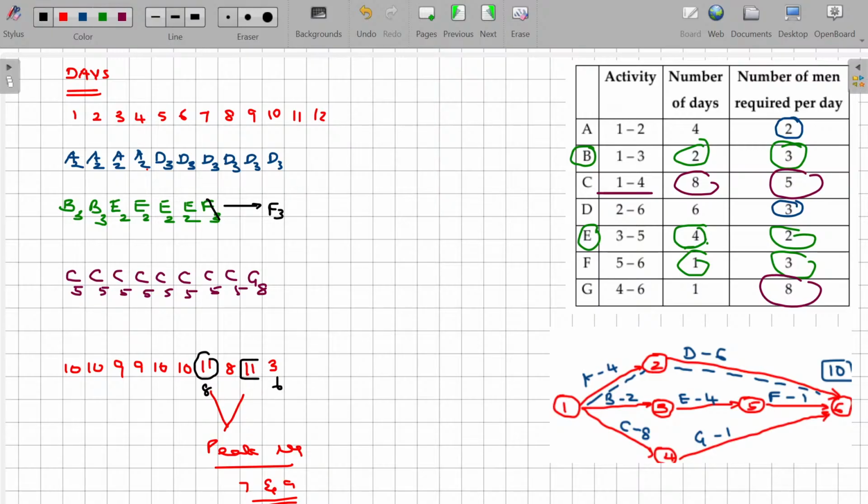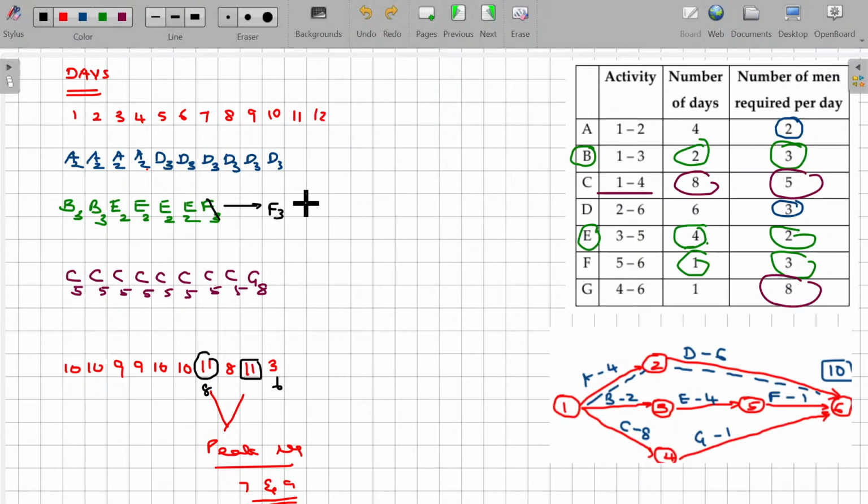We don't have any other option, because you can shift either here or here. Already it's in the 9th date. If I shift to the 10th date and you are shifting this to the 9th date, still 8 plus 3, 11 will be there. No other way.